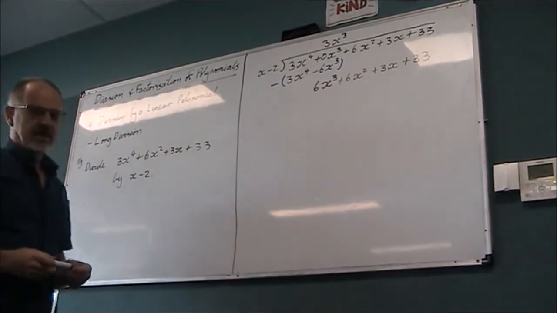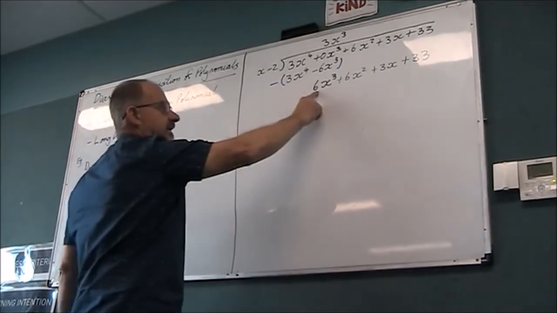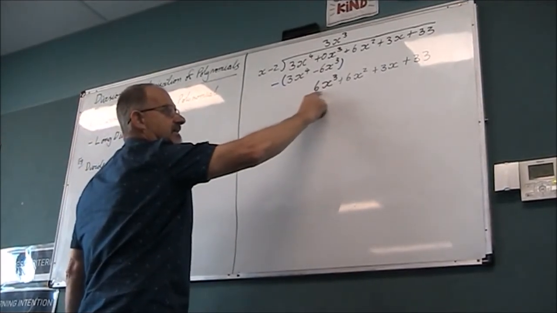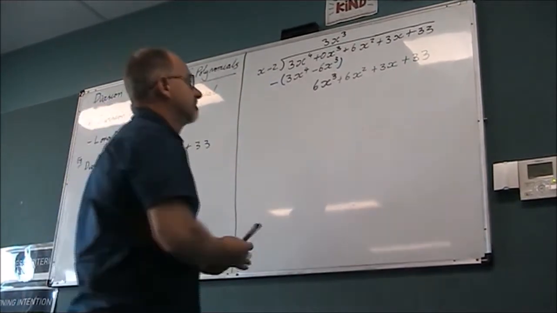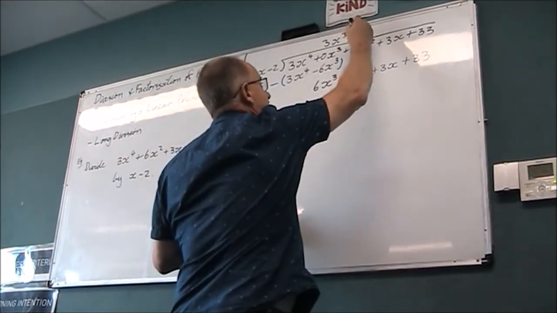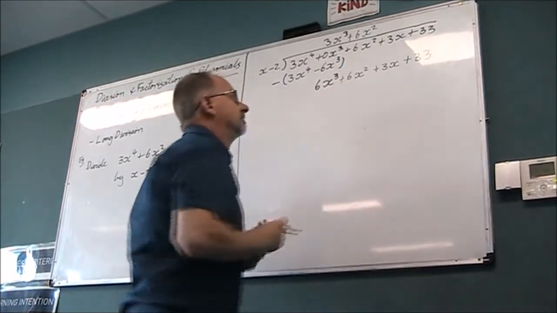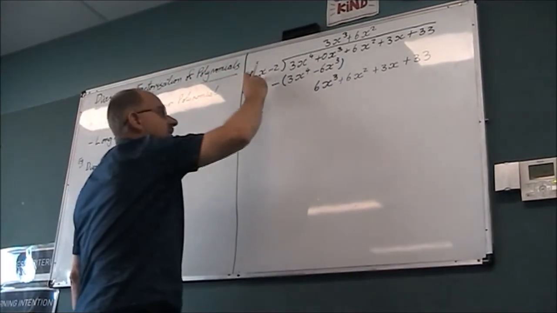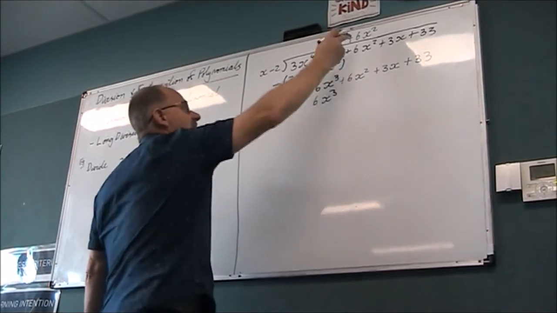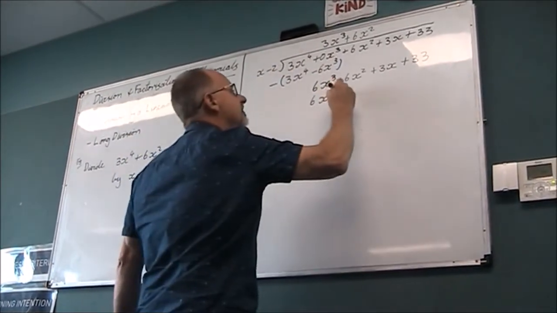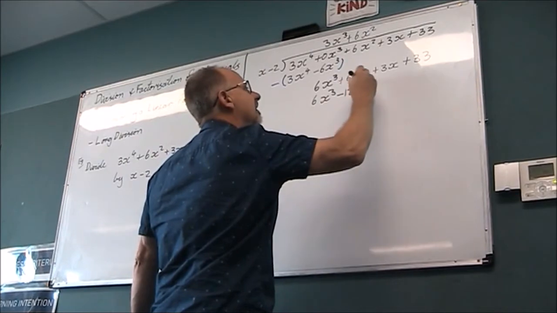So when we start this process with the next line, how can we get 6x cubed with x? Multiplying it by 6x squared. So 6x squared times x is 6x cubed. 6x squared times minus 2 is minus 12x squared.